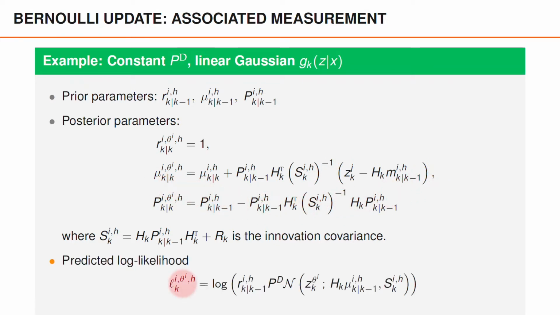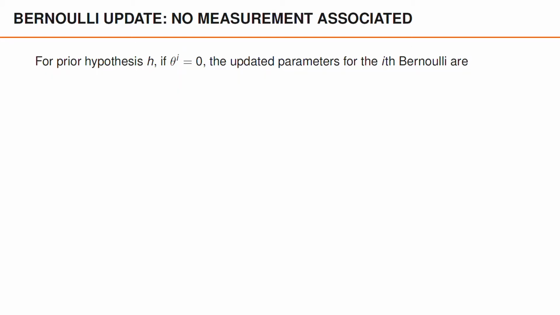The predicted log likelihood is the logarithm of the prior probability of existence multiplied with the probability of detection, and a Gaussian PDF evaluated at the measurement with mean given by the predicted measurement and covariance given by the innovation covariance S. That was the Bernoulli update when a measurement is associated.